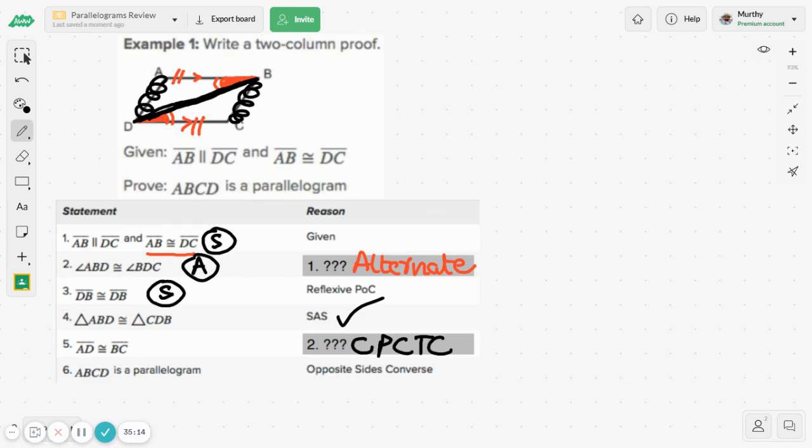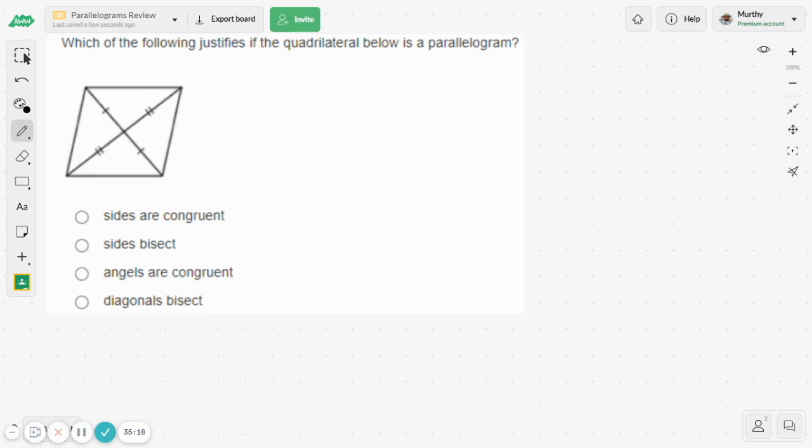That's the next one. So I skipped just one question. So let's finish this one too. Which of the following justifies if the quadrilateral below is a parallelogram? So let me look at the markings. I see that these two are given equal, and I see that these two are, let me use a different color code, these two symbols are given equal.